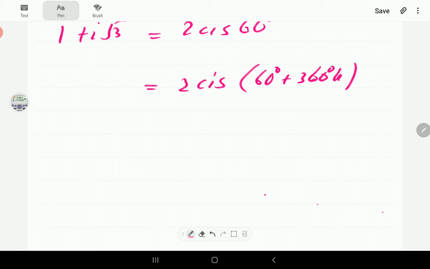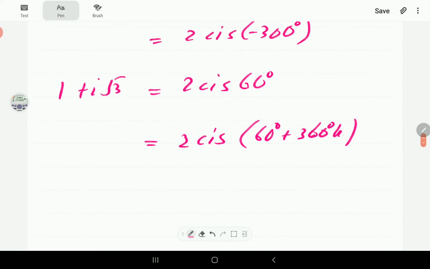So if we add multiples of 360, we still have the same complex number as this one, because all these angles are coterminal, and so they give the same sine and cosine.